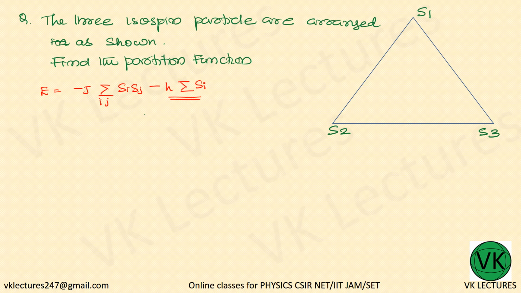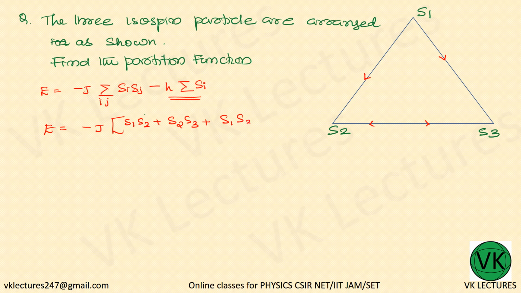So S1 will interact with S2 as well as S1 will interact with S3. Similarly, S2 will interact with S3 also. So all mutual interactions are possible. So E will be equal to minus J sum over, that is S1 S2 plus S2 S3 plus S1 S3.